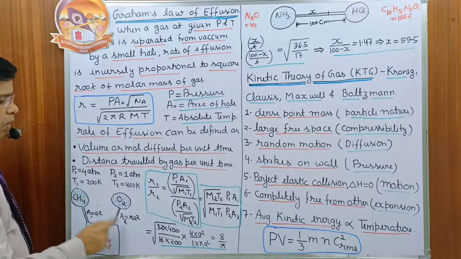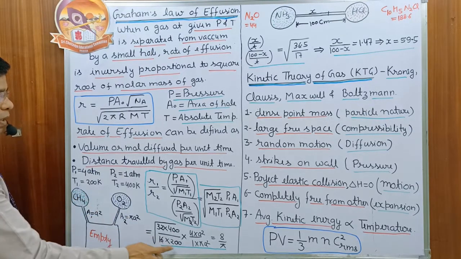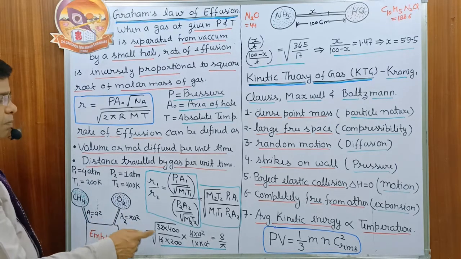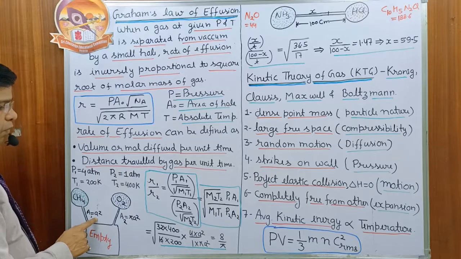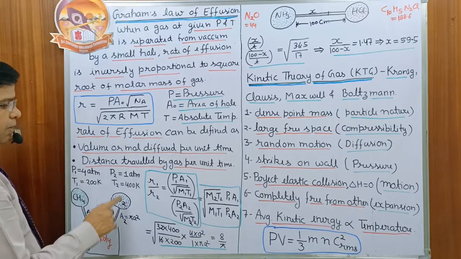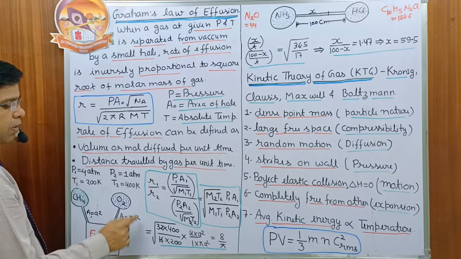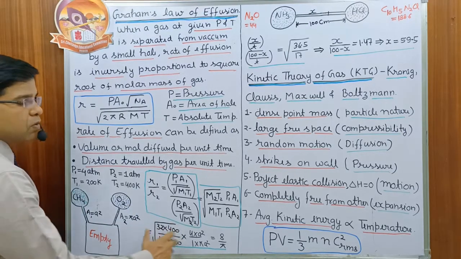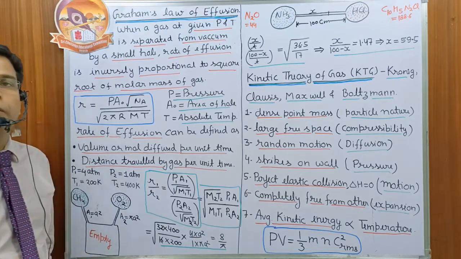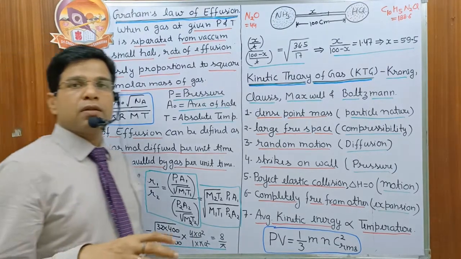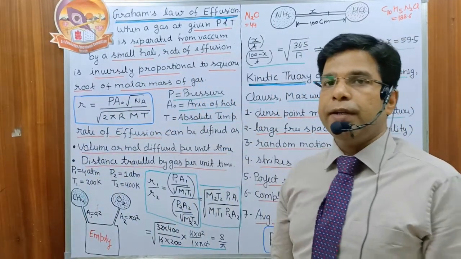What is the molar mass of the first gas? 16. What is the temperature of the first gas? 200. What is the pressure of the first gas? 4. What is the area of the orifice? A square. What is the pressure of the second gas? 1 atmosphere. And what is the area of the orifice? Pi A square. When we solve this quantity, we get 8:pi, which means these gases come into the empty container in the ratio of 8:pi.